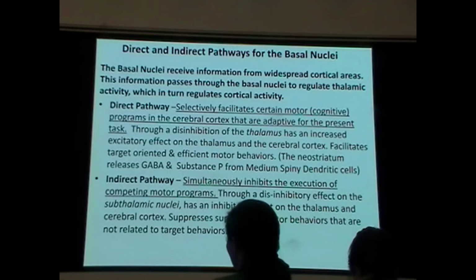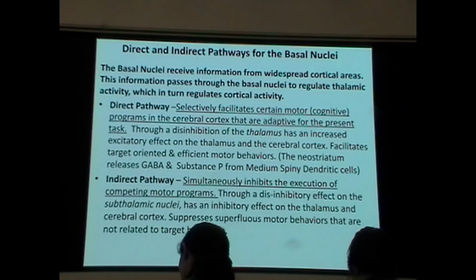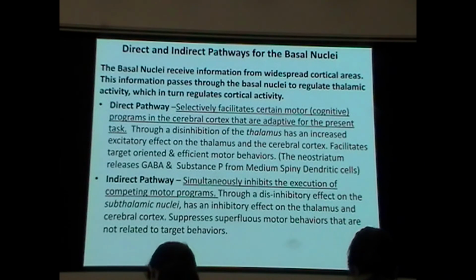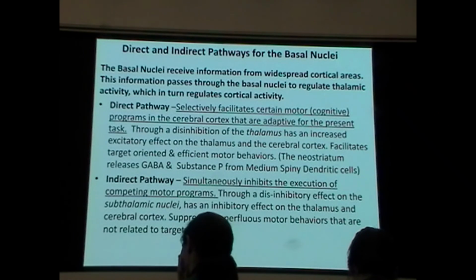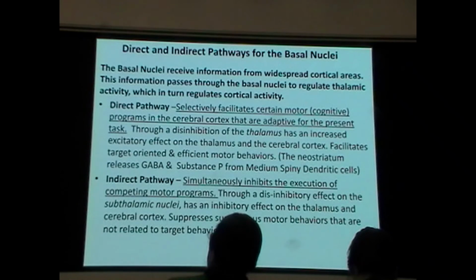That GABA is going to have a disinhibitory effect on the globus pallidus interna. So what it's going to do, it's going to wind up reducing the amount of GABA released by the globus pallidus interna on the thalamus, and the thalamus will be that much more excited and will send a greater amount of stimulus per unit time back to the cerebral cortex, and then will enhance movement. Okay? Got all that?